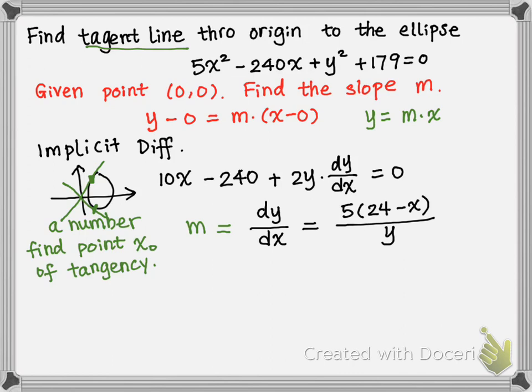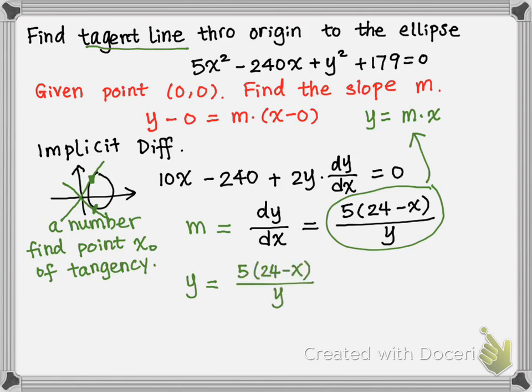Well, let's say you plug the slope back into the equation. What it is going to give you is y equals 5 times (24 minus x) divided by y, times x. This equation represents all the points on the tangent line.